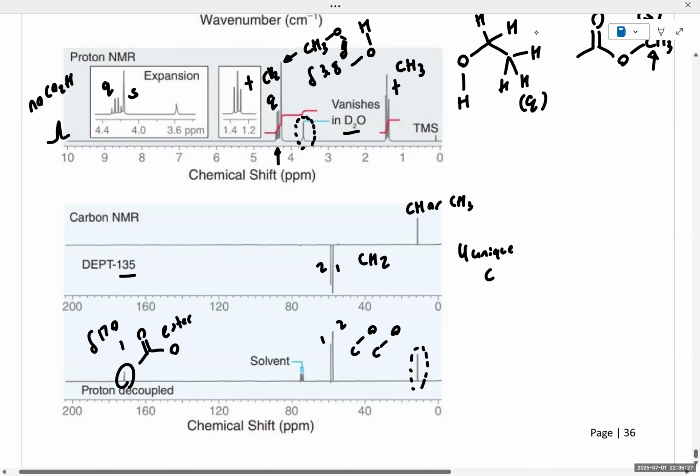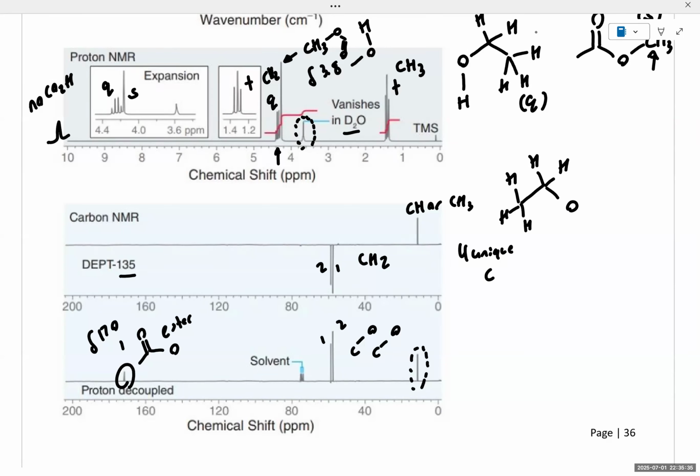So let's start with a fragment we can definitively determine. We definitely have a CH3 group attached to a CH2 group attached to an oxygen. This is the signal that's the quartet of around 4.5, and this is the triplet of around 1.2. From here, this oxygen could be attached to the ester carbonyl or something else.